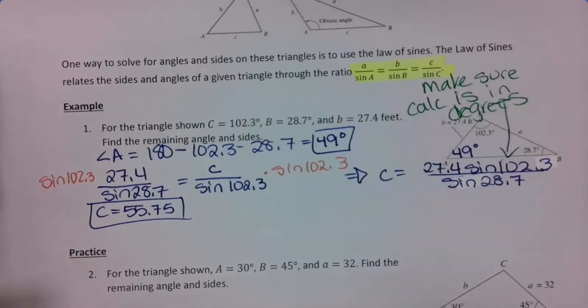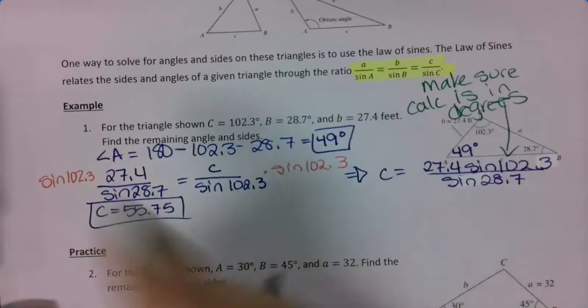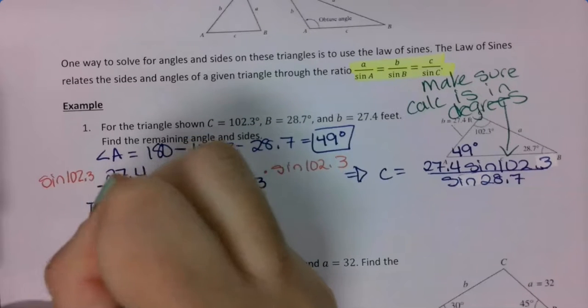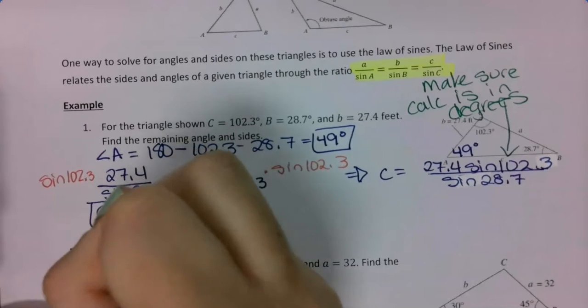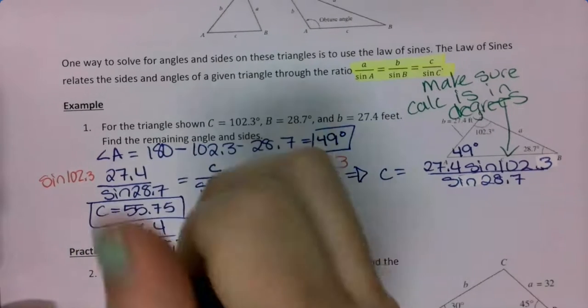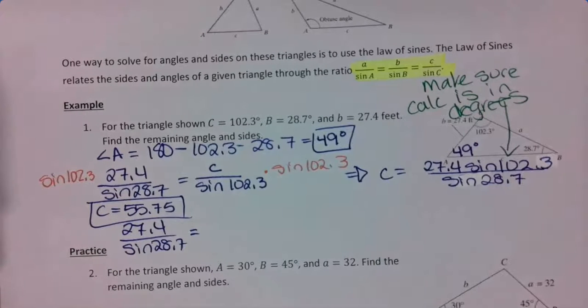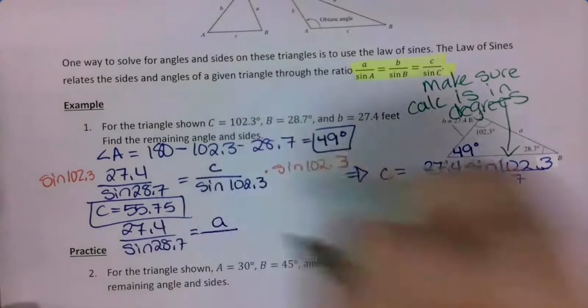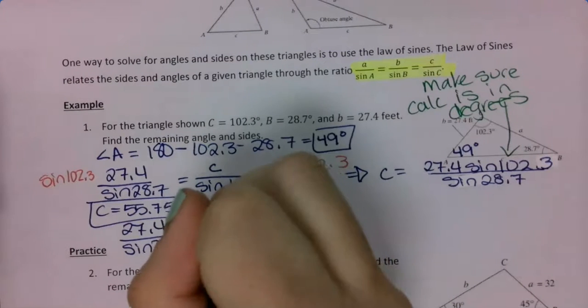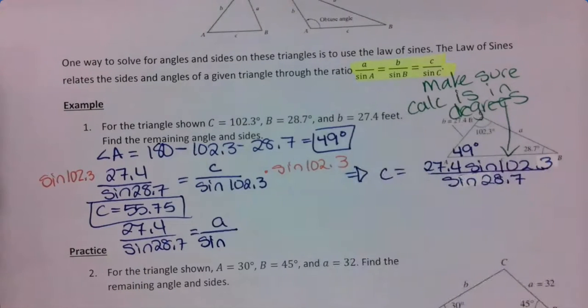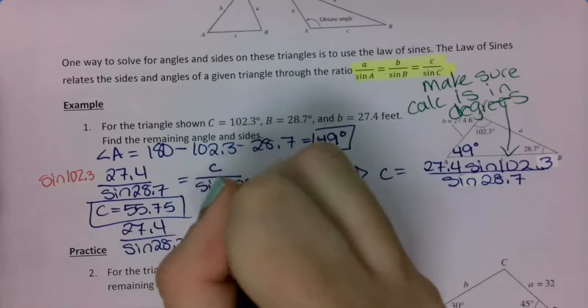I need my side A. So I'm still going to use the first part of this equation, that 27.4 over sine of 28.7. And then I don't know my side length for A. What is my angle for A? 49.